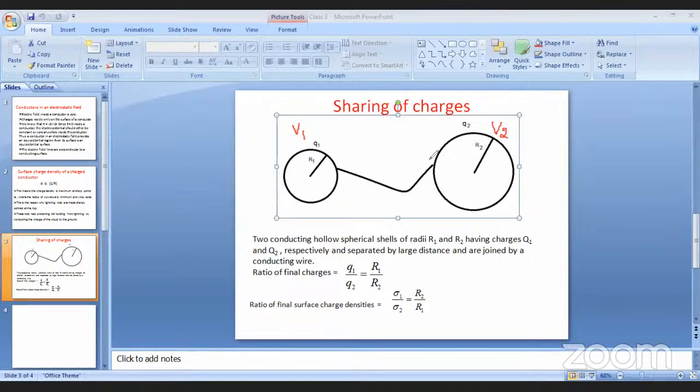Now I am connecting both these conductors with the help of a wire. Now what will happen actually? When I connect both these conductors with a wire, will there be any transfer of charges between these two spherical shells?